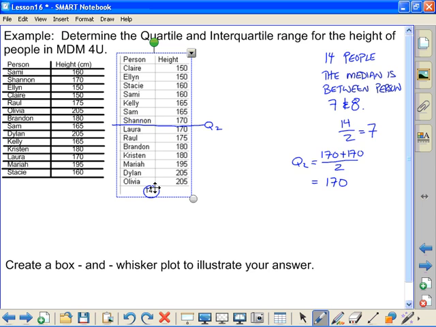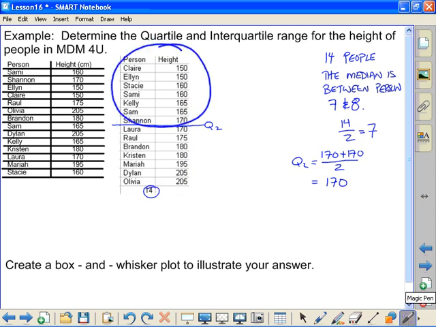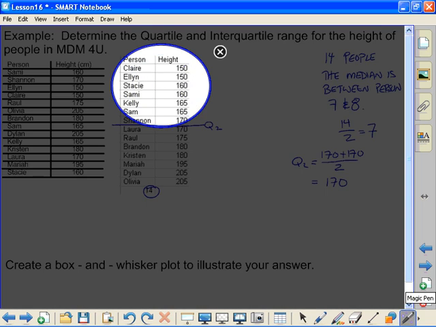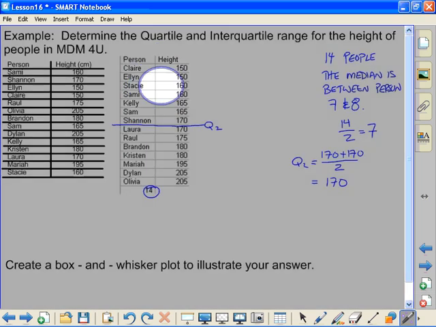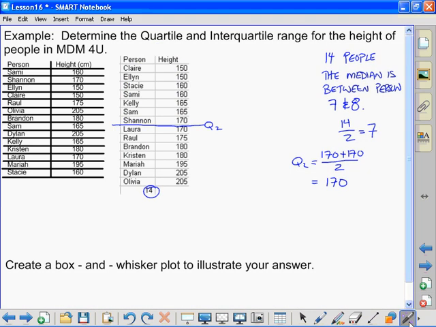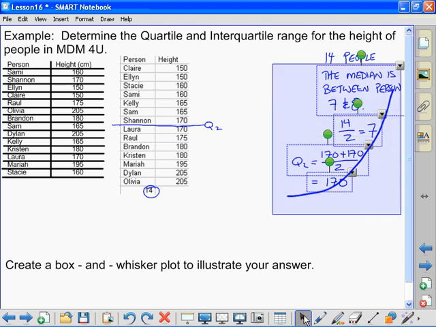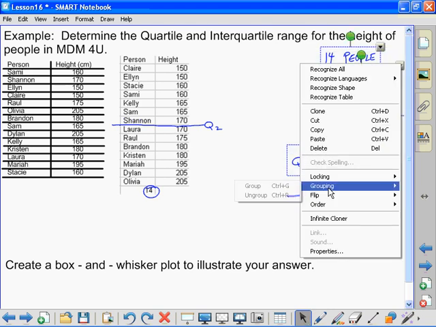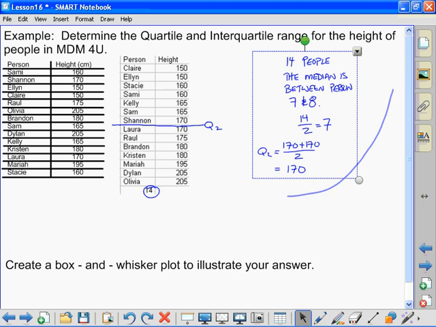Now I have 7 pieces of data above and below the median. So now I need to find the midpoint of those 7. So repeating the process. Whoops, I got my smart pen on. So we'll just group that together for a second and move it over.